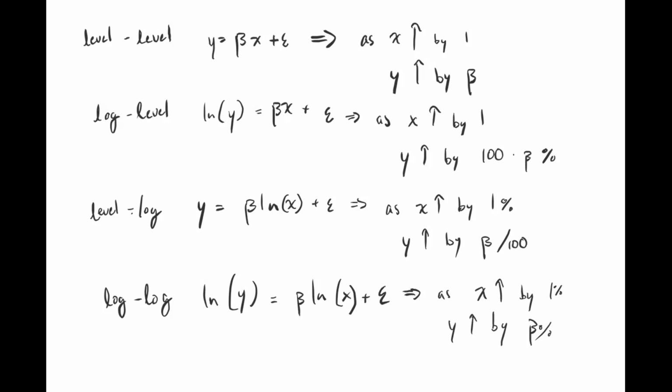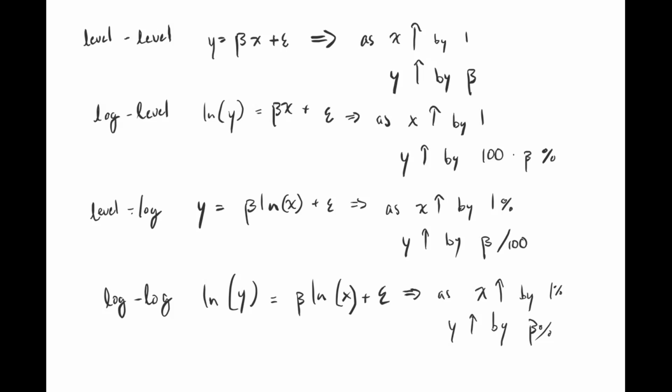This type of interpretation is very common in the field of economics and econometrics, as I was mentioning before, because lots of things grow exponentially. We linearize that by doing a log transformation, and therefore, because it's so common, folks have come up with this way of interpreting it.